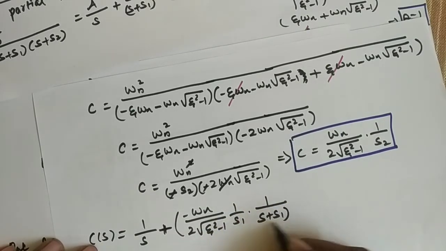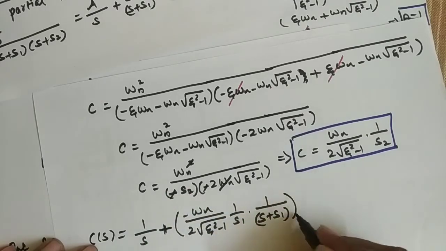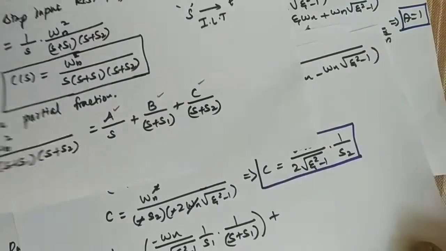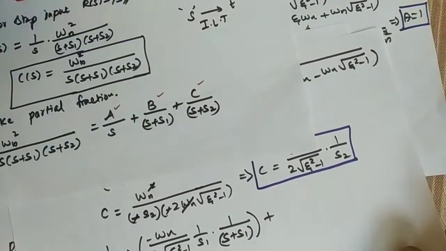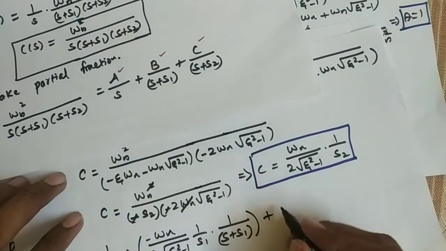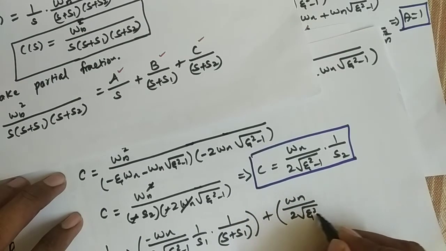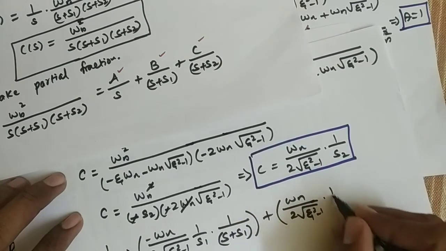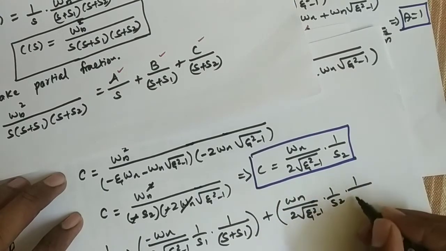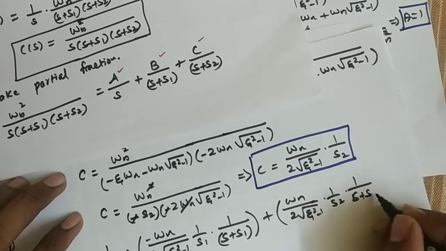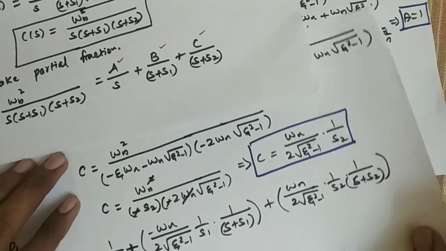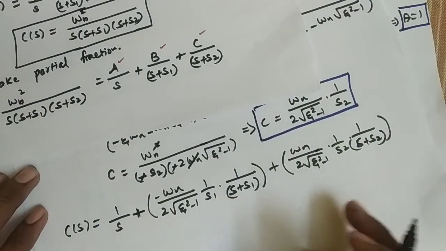This is the B value, plus the C value. The C value we are going to substitute now in this place: omega n divided by 2 root of eta square minus 1, into 1 by s2, into 1 by s plus s2.